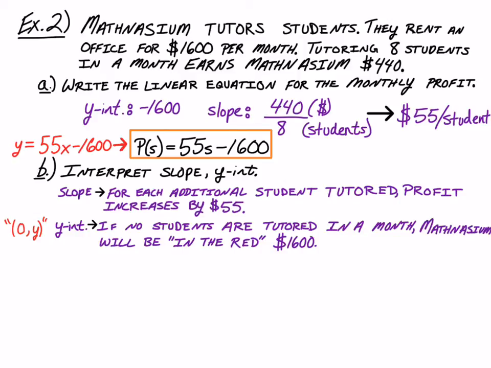So we can say Mathnasium will be in the red, so to speak, $1,600, which means they'll have no profit, they'll be owing money. So that's the way you can always interpret the y-intercept. When the x value is 0, in this case, the number of students tutored, the y-intercept is what the y value would be in the function.